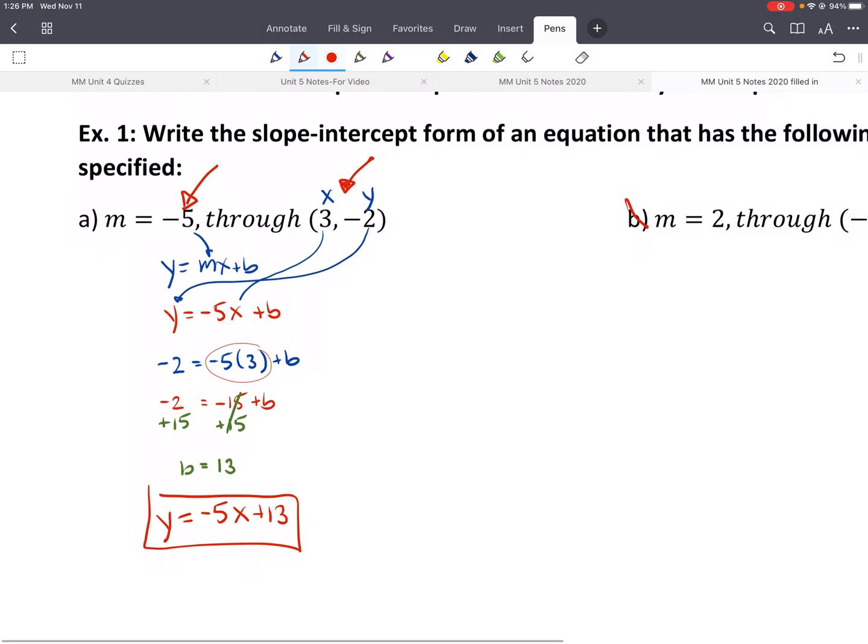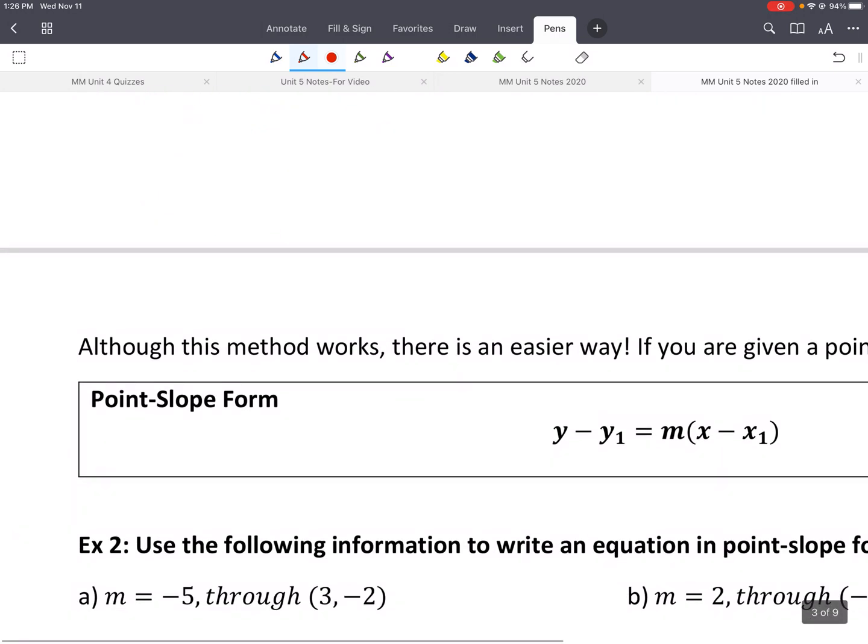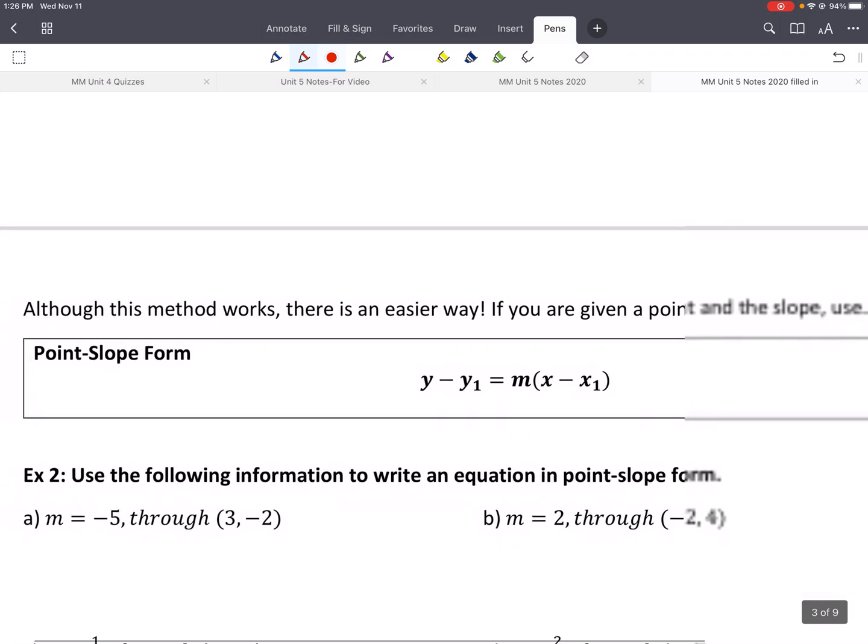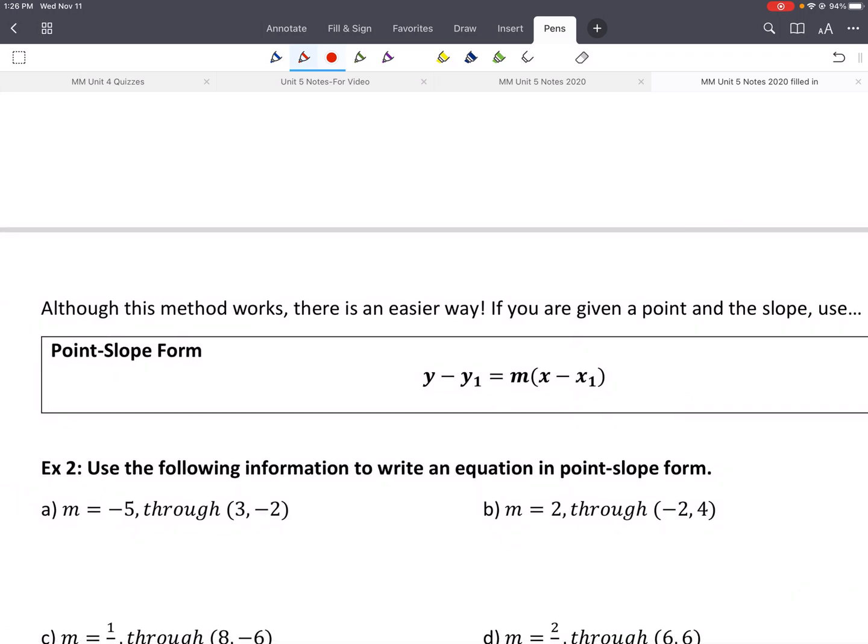Okay, hint, that is the point-slope form. Okay, so what we just did will work, and there's nothing wrong with that. If you were to do that, you'd still get an equation that would be correct, that would go through that point and has that slope. But this form is easier if you're given a point and the slope. Thus the name point-slope form.